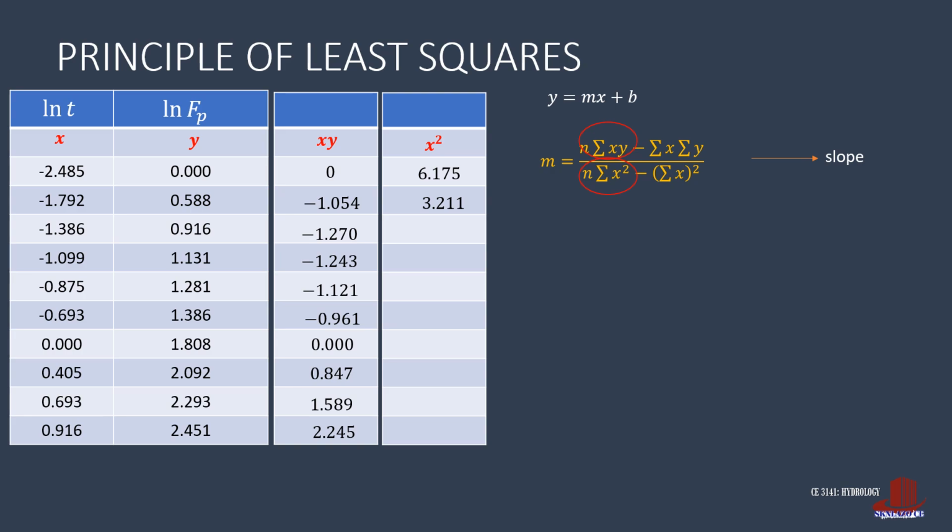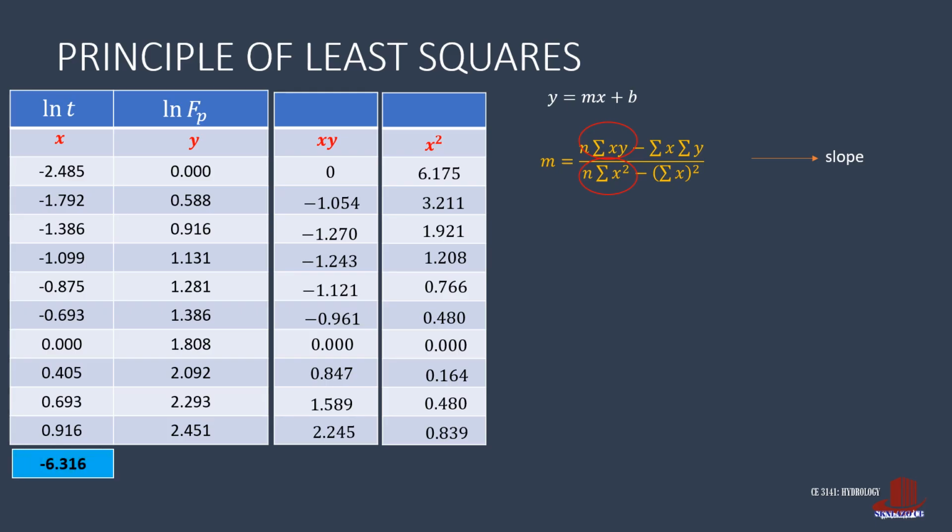The next is the square of negative 1.792, which is 3.211, followed by 1.921, 1.208, 0.766, 0.48, 0, 0.164, 0.48, and 0.839. With all parameters complete, take the summation of each column.